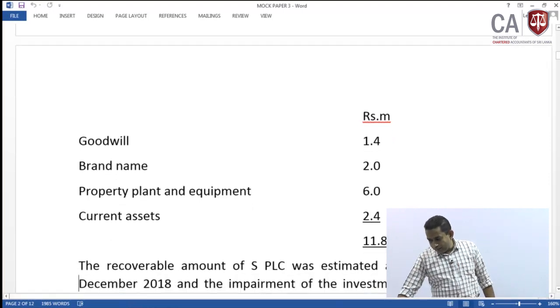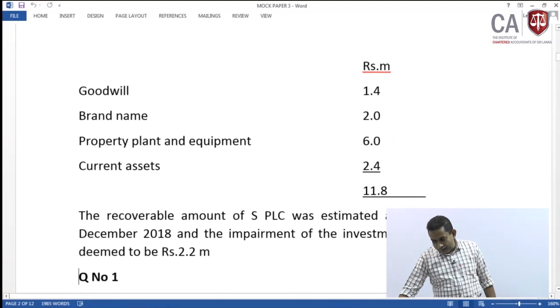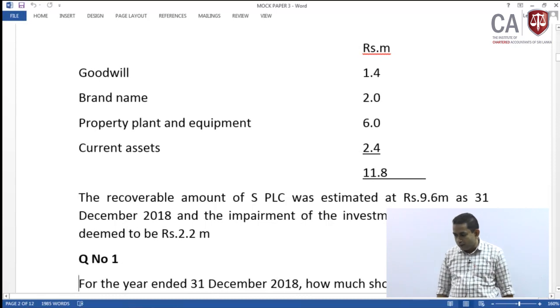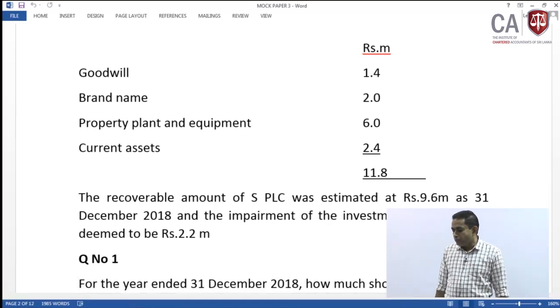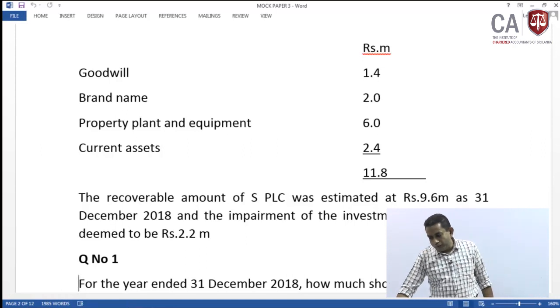Total carrying value is 11.8 million. The recoverable amount of SPLC was estimated at 9.6 million rupees at 31st December 18, and the impairment of the investment in SPLC was deemed to be 2.2 million rupees.